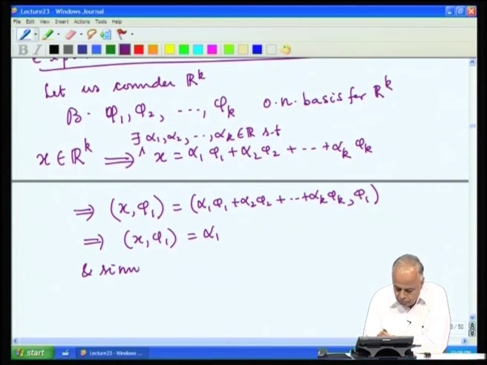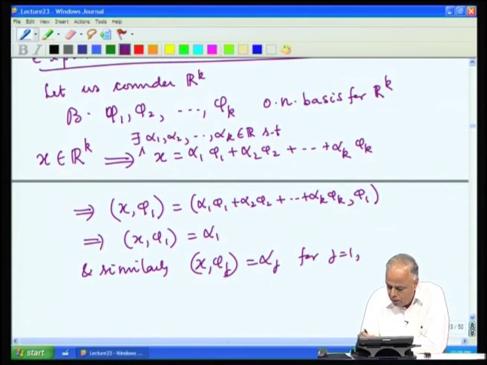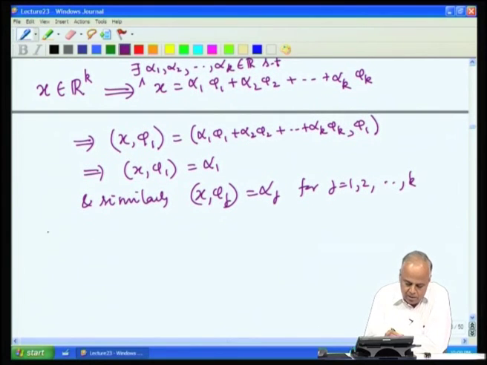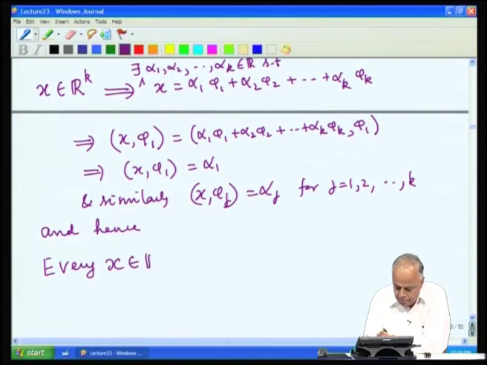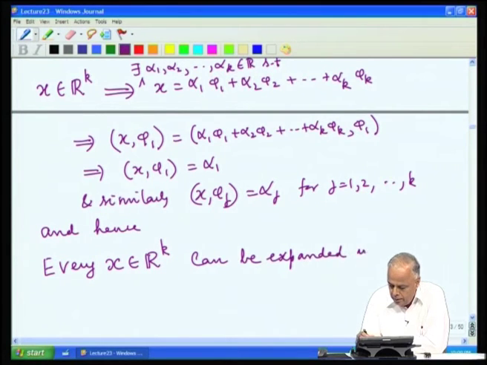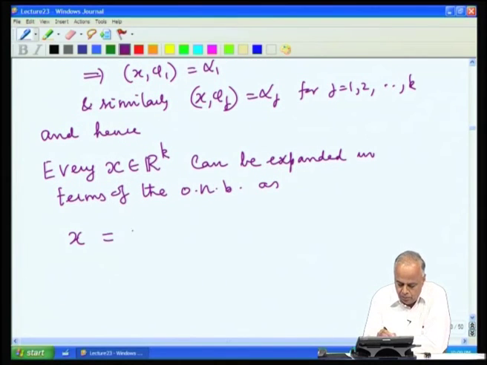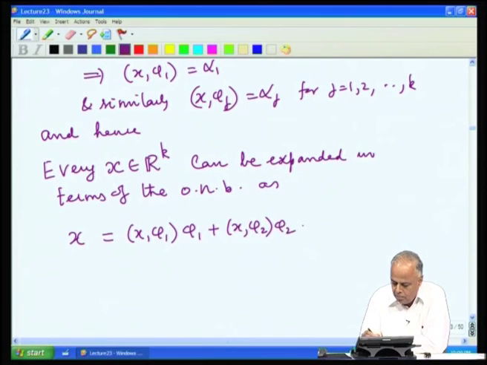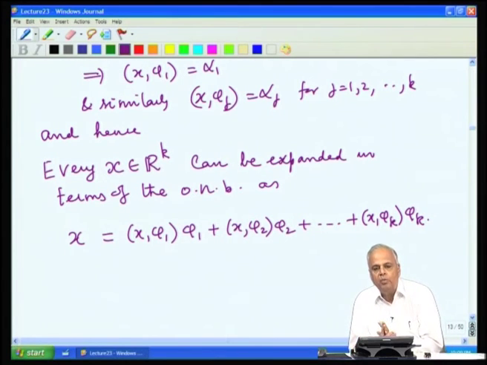And similarly, x dot phi j will be equal to alpha j for j equal to 1, 2 up to k, and hence every x in R k can be expanded in terms of the orthonormal basis as x is equal to x comma phi 1 phi 1 plus x comma phi 2 phi 2 plus and so on, x comma phi k phi k. So, we know precisely how to find the coefficients.